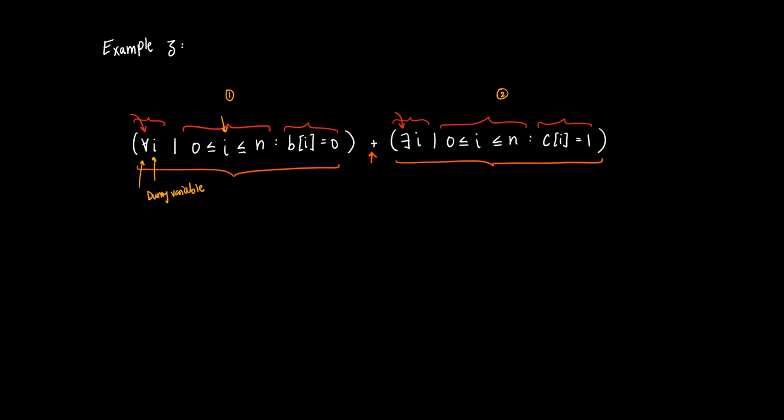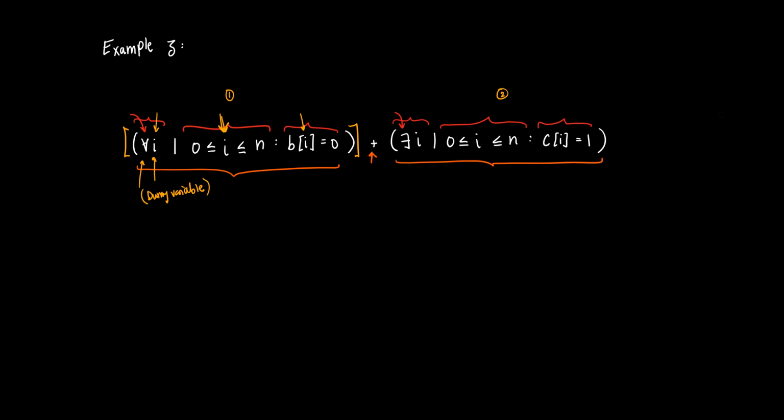If we take a look at our other occurrences of I, we can start with this one right here. We ask ourselves, are we in a quantification? The answer is yes, we are within this first quantification. Now we ask ourselves, does I appear next to a quantifier? We just figured that out earlier.